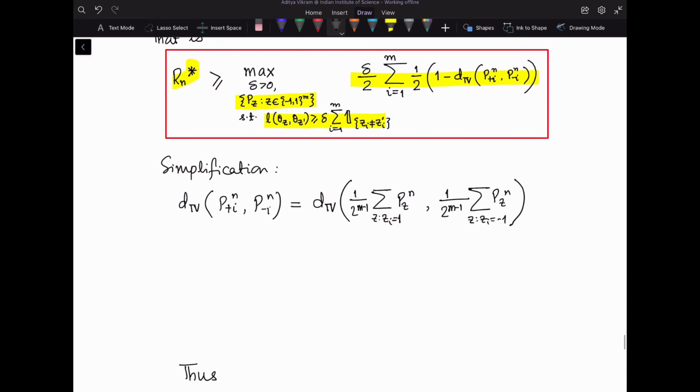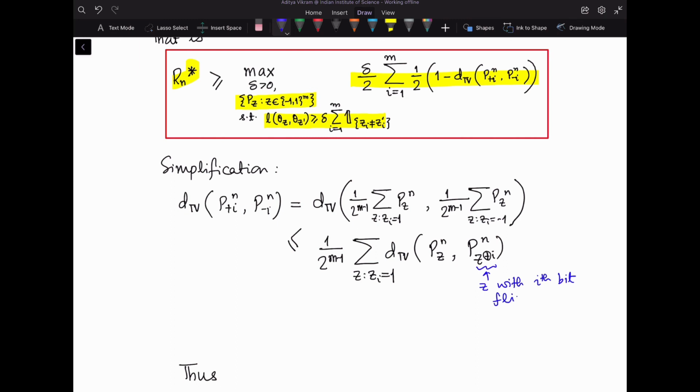Now you can show that this is at most 1 over 2 power m minus 1 times the sum over z such that zi equals 1 of the total variation distance between pz and pz with the ith bit flipped. This is the notation for that: z with the ith bit flipped.